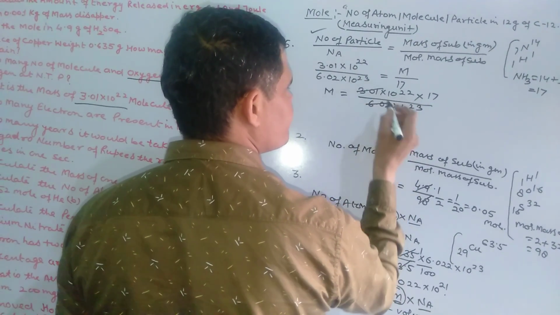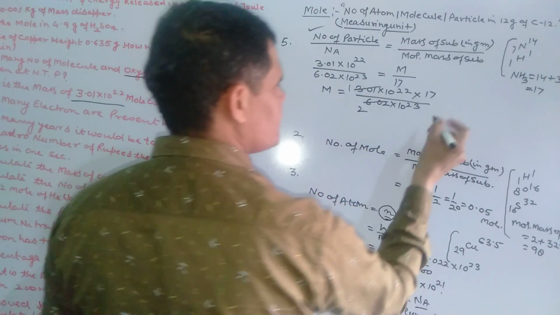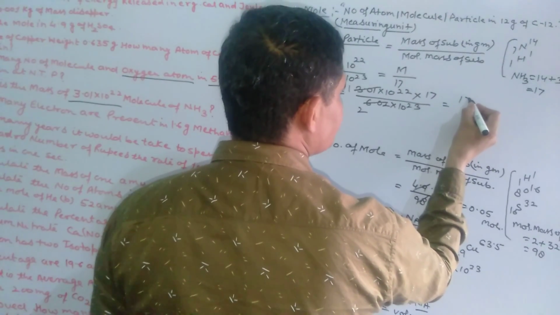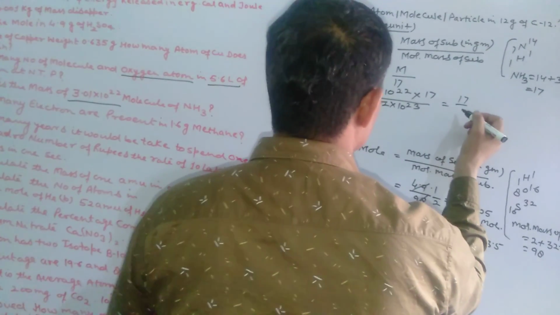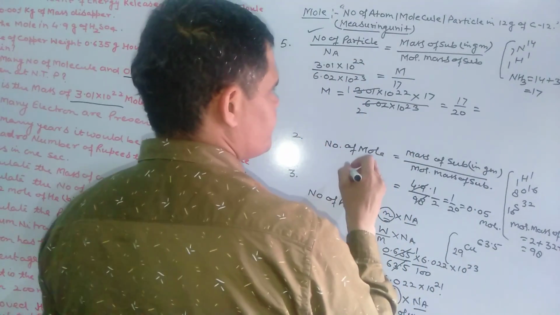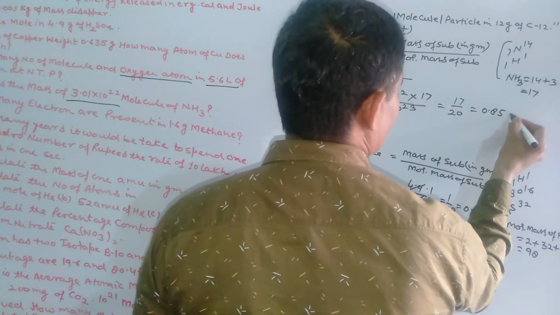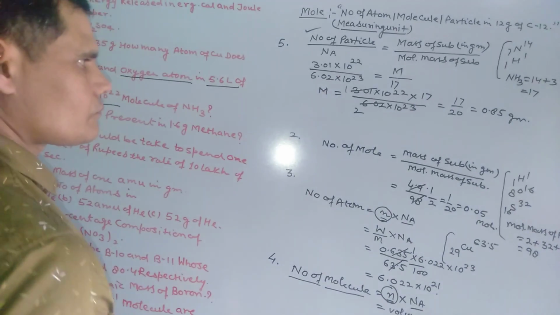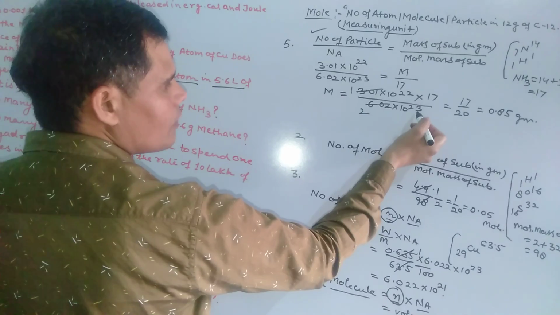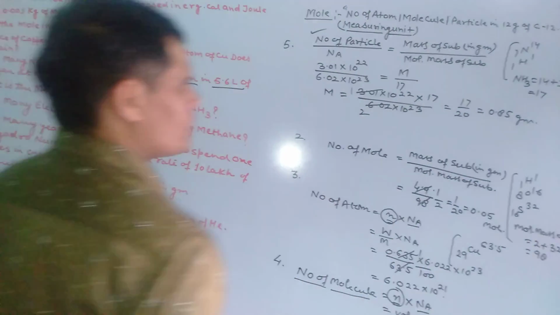The value will be 1 upon 2, and it will be 17 by 20, hence 0.85 gram. 22 power of upper and 23 power of lower cancelled by 1 by 10, hence 17 upon 20.